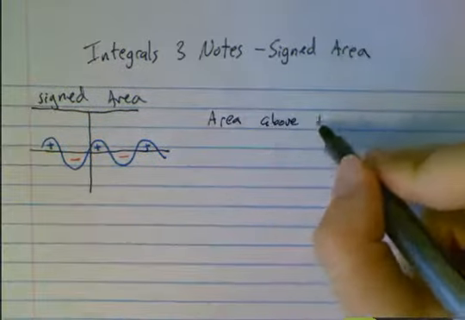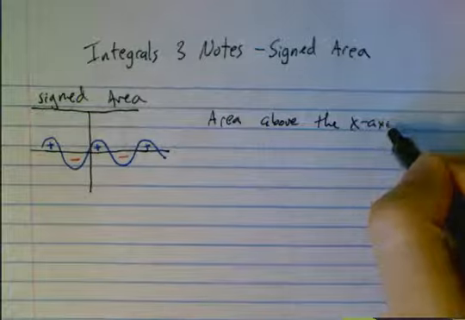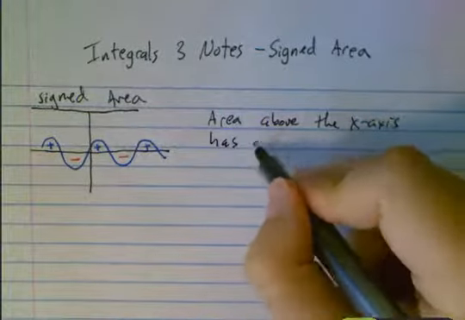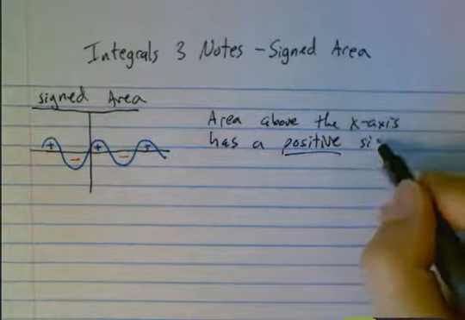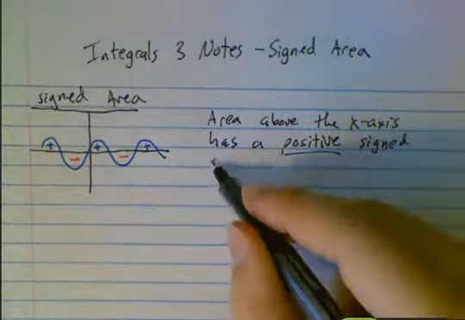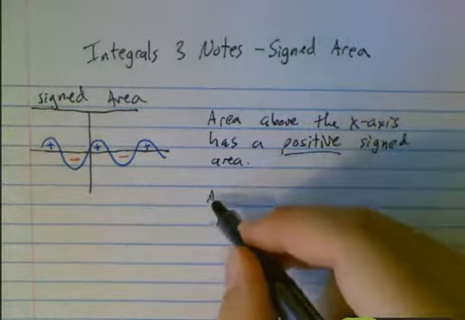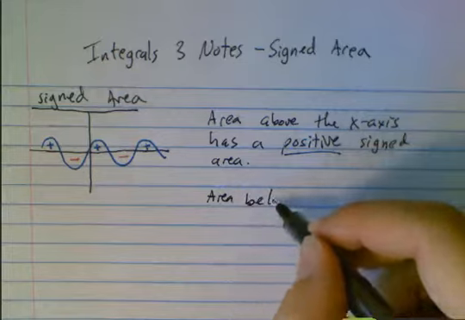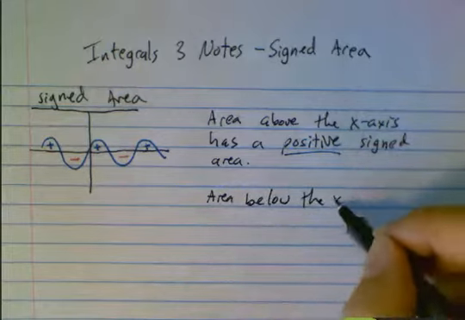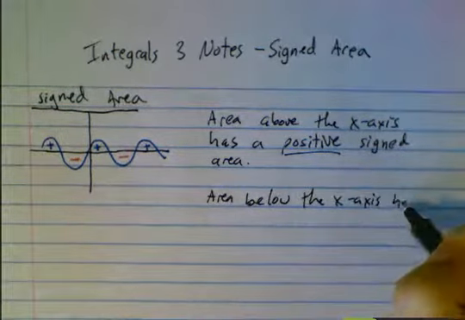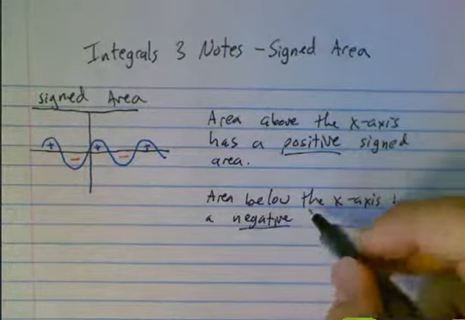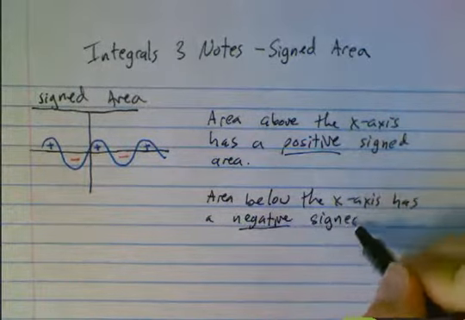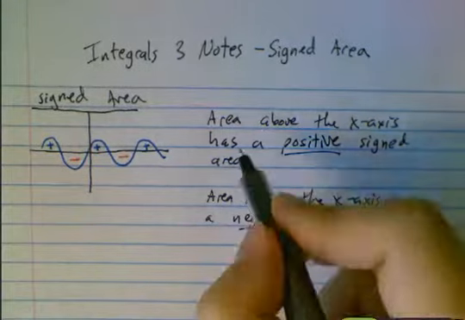Area above the x-axis has a positive signed area. Area below the x-axis has a negative signed area.